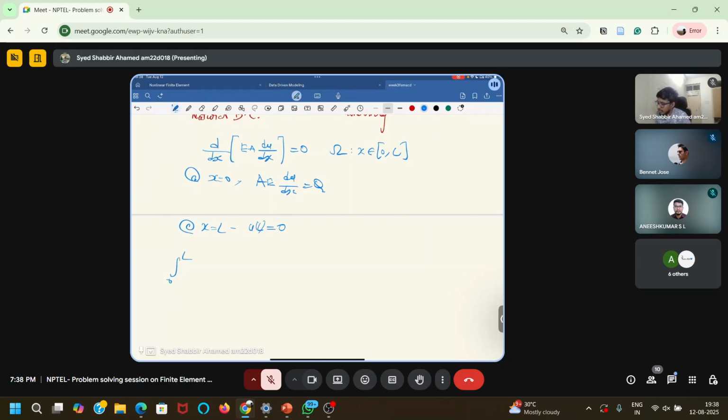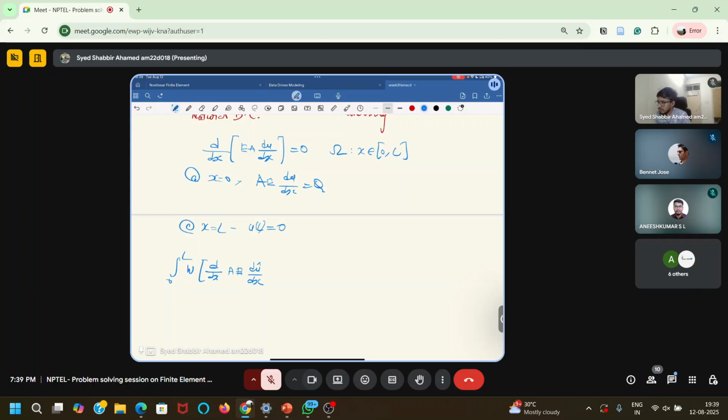So delta u, you can also take delta u as w here. So we can convert this again into a weighted residual problem. So w or delta u, nothing makes a difference. Okay, both are the same things. So we are getting this.